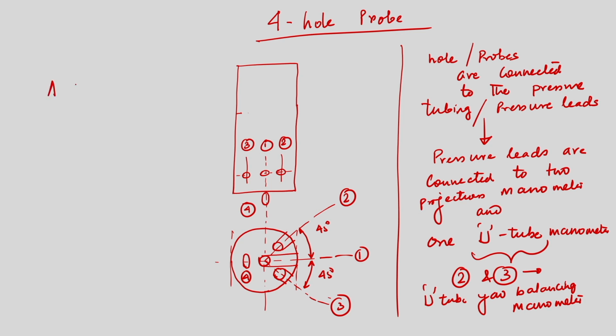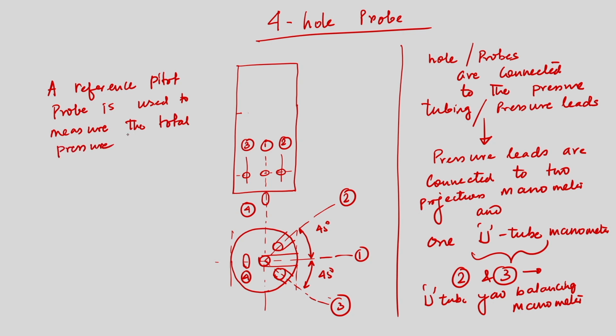So, I can say that our reference pitot probe is used to measure the total pressure, that is PT, and the static pressure PS in the jet is equal to the atmospheric pressure.